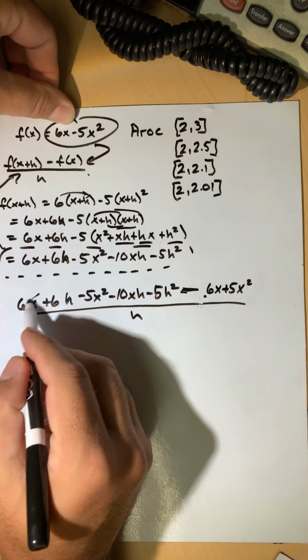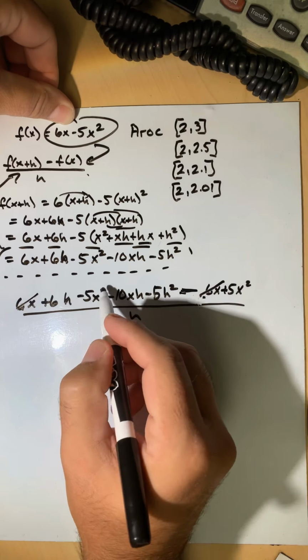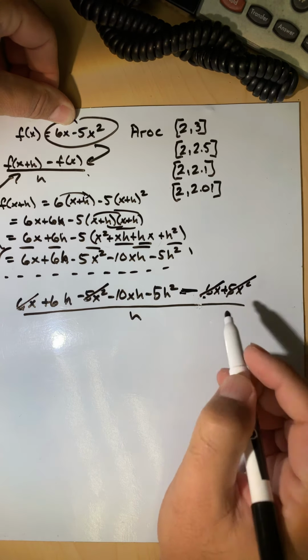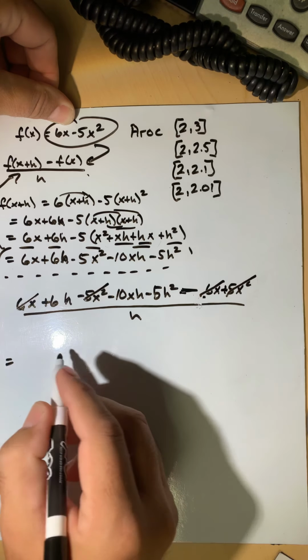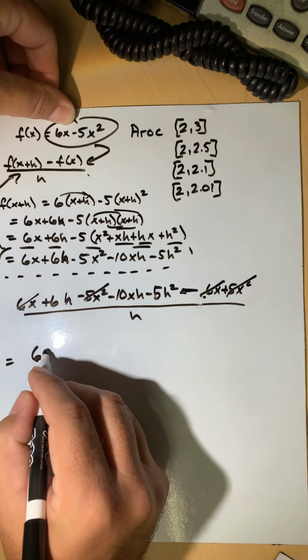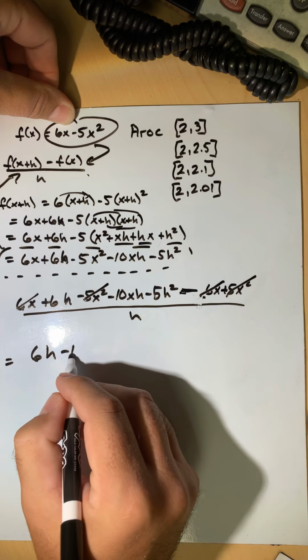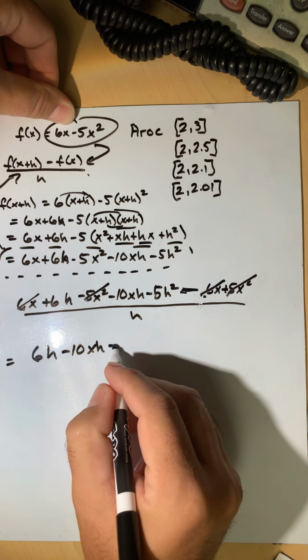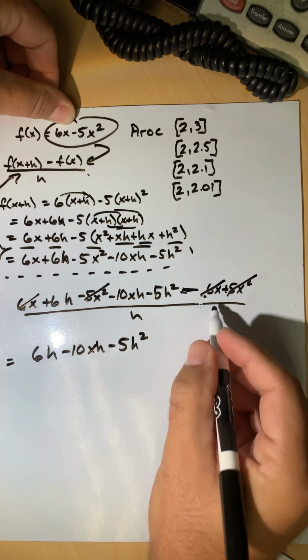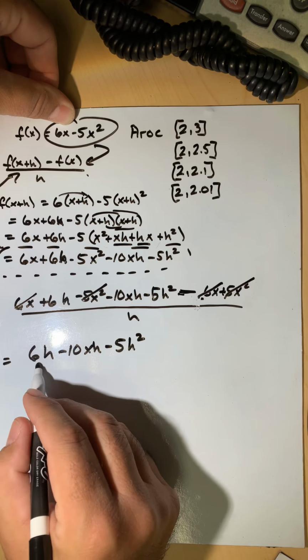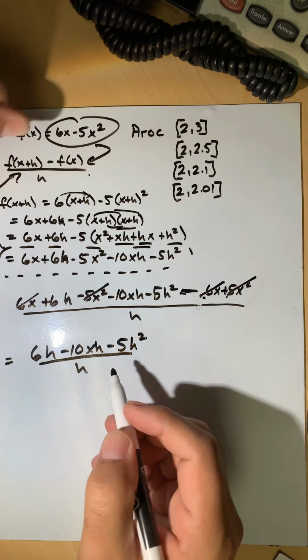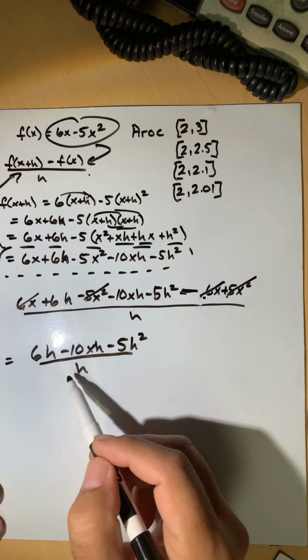And now we group up like terms, so 6x minus 6x minus 5x squared plus 5x squared. So what do we have left now? We've got 6h minus 10xh minus 5h squared. All the x's have canceled out. This is all divided by h. So now this h can simplify there, right?